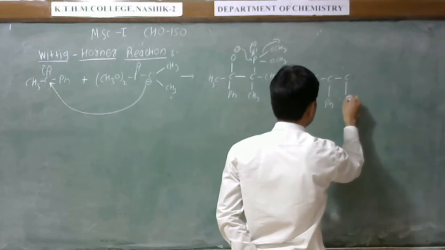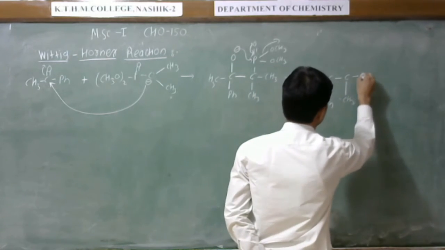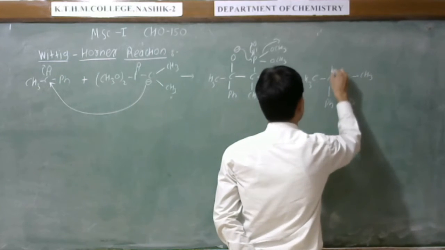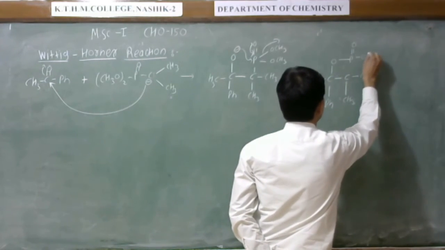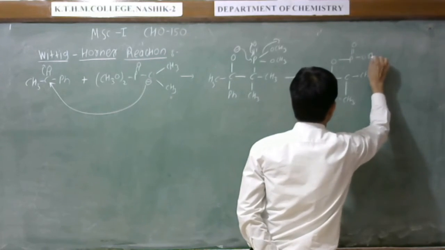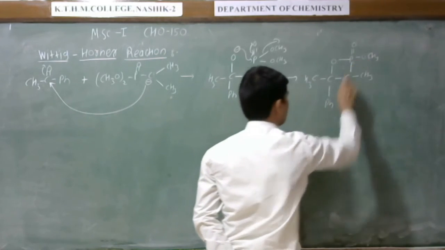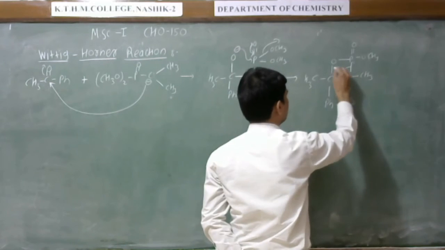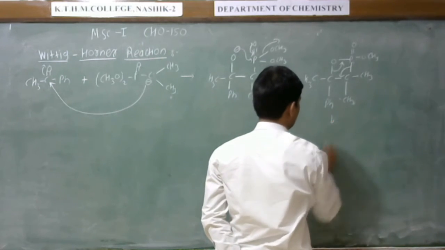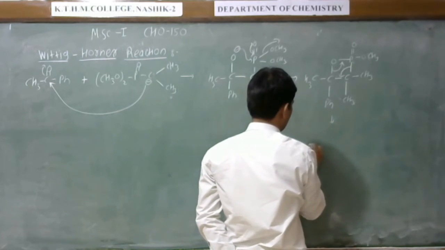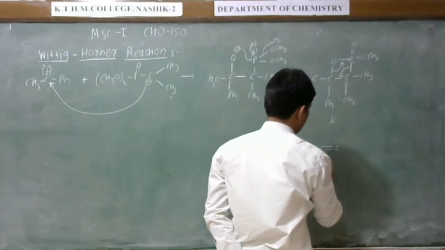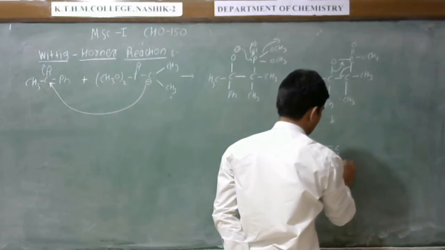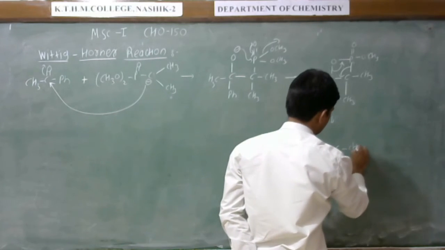So this is Ph, CH3, CH3 here, this is O, this is phosphorus which has a double bond, and this is OCH3. Now by the elimination reaction, this bond breaks here, this bond breaks here, and we get the olefin: CH3, carbon double bond carbon, phenyl ring, CH3 and CH3.